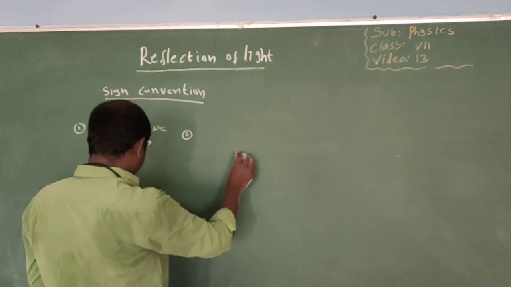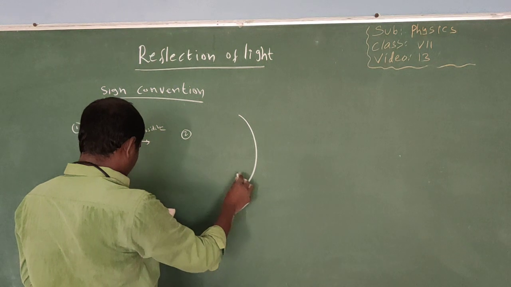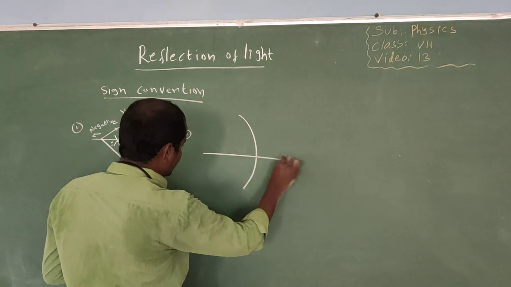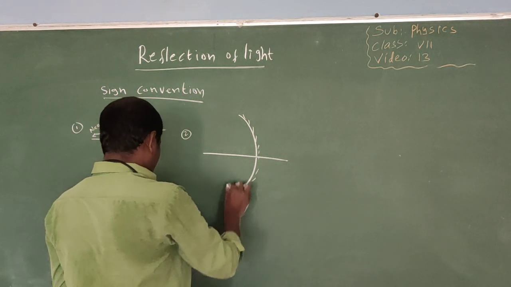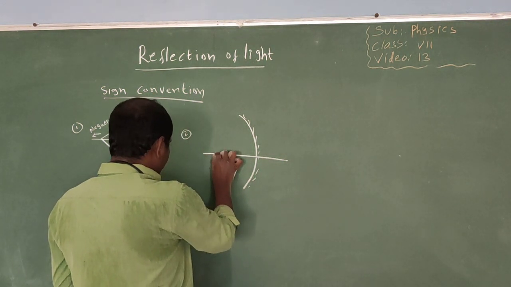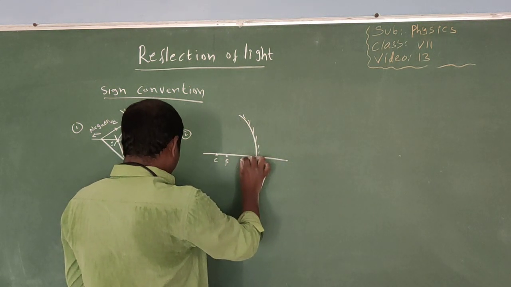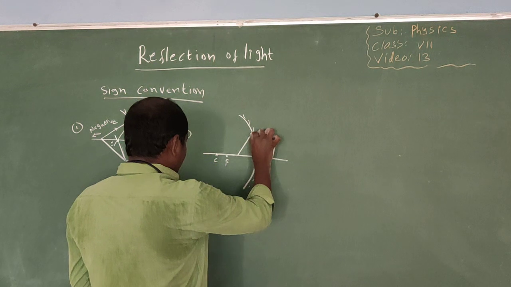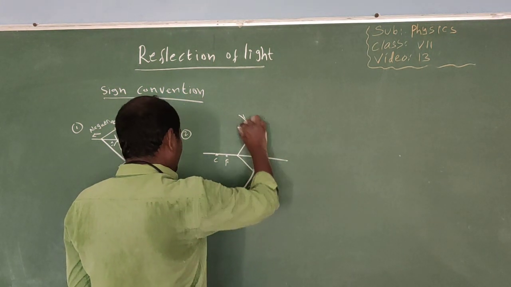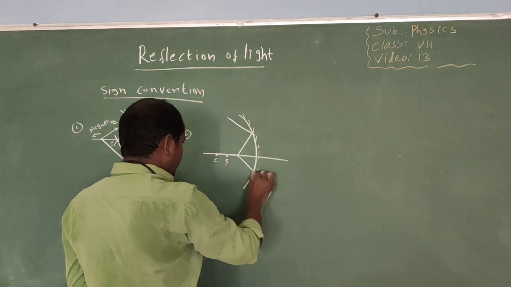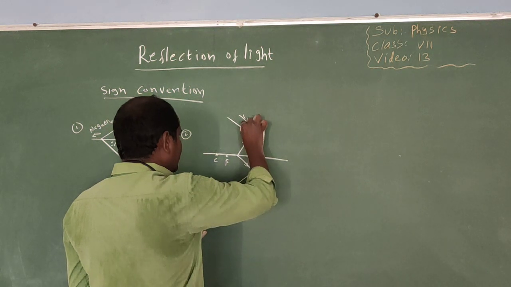Second one, these two are concave mirrors. The object is in front of the focus. These are incident rays, and these two are reflected rays.